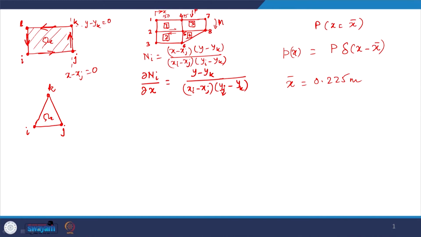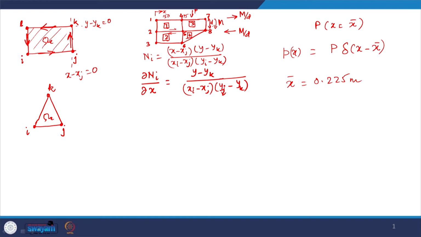So, the way to model moment is that this moment can be represented, can be replaced by appropriate couple, and this couple is equal to m by d, where d is this distance, right. So, this constant couple separated over a distance d, that defines the moment.